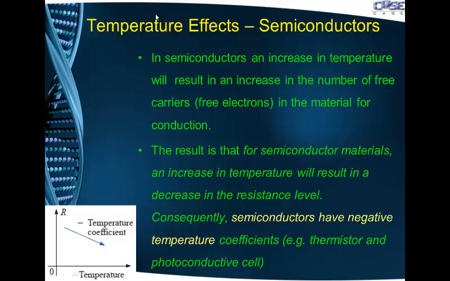So as the number of electrons increases, current would increase, and when current increases the resistance would decrease, because resistance is the opposition of the current. So the result is that for semiconductor materials an increase in temperature will result in a decrease in the resistance level. Consequently, semiconductors have negative temperature coefficient.